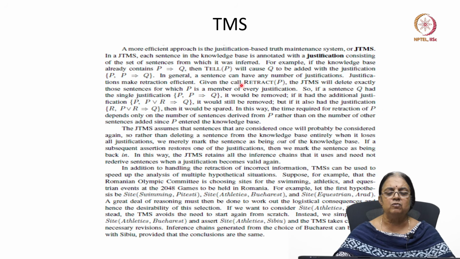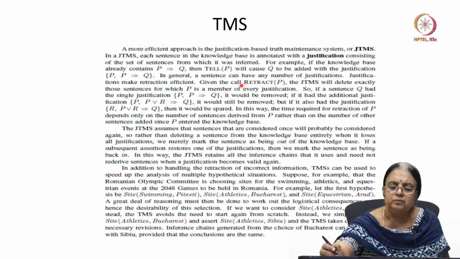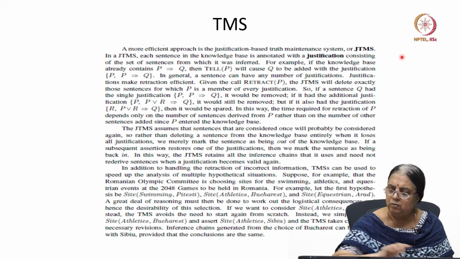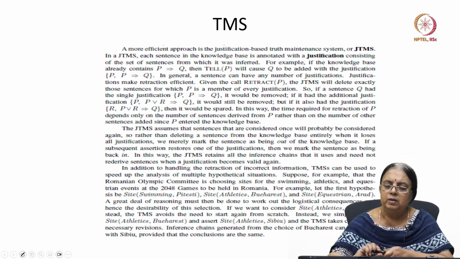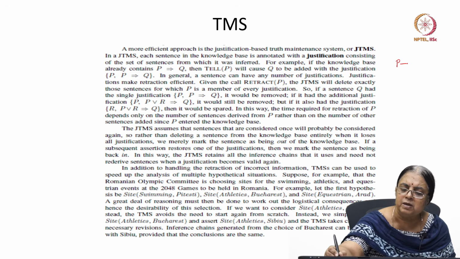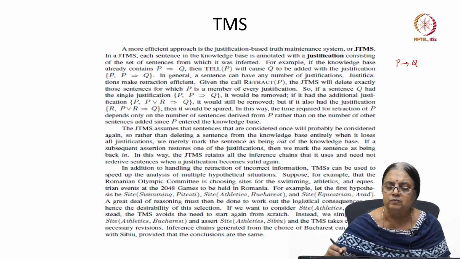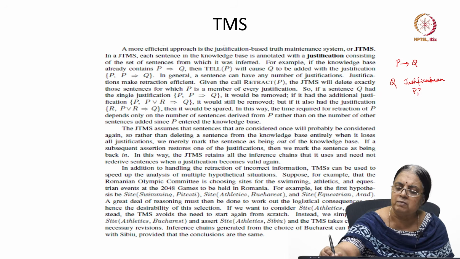If the knowledge base already contains, say, P implies Q, okay, what you do is that for Q, you are going to have the justification which says P and P implies Q.